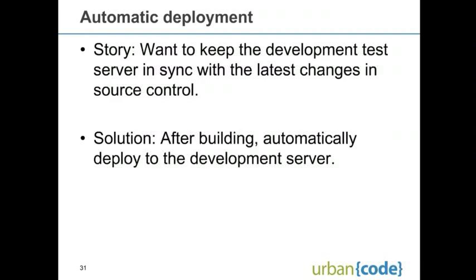One good solution, and we think people should look to do this, is that after a successful build, automatically deploy to a development server. Have a development test environment that always reflects the latest of what you have in source control. I think this is a huge win for developers to be able to rapidly test what they've done and take more ownership over the quality of their work.